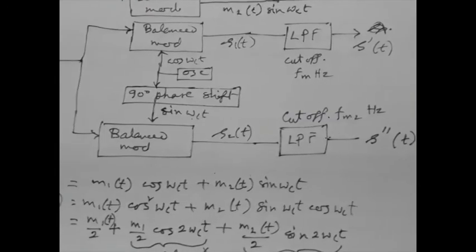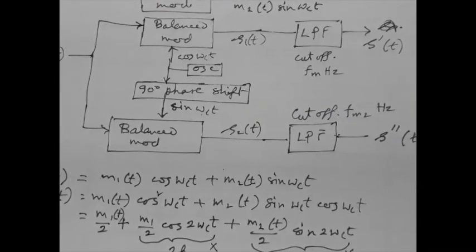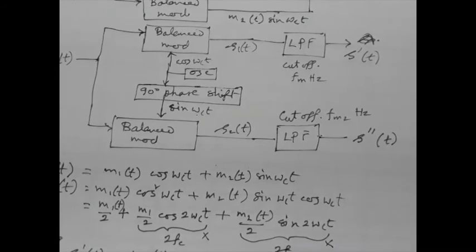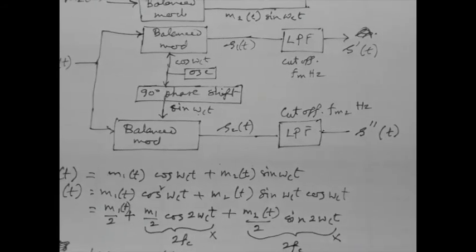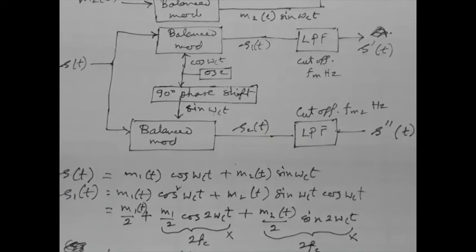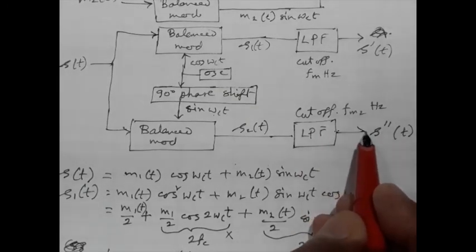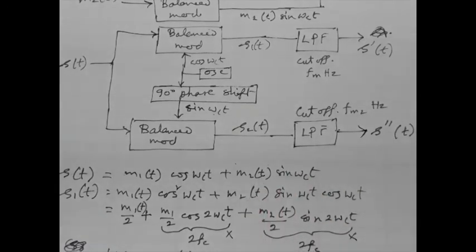So the total circuit becomes this. This is the total circuit. S double dash t is the output of the second detector.